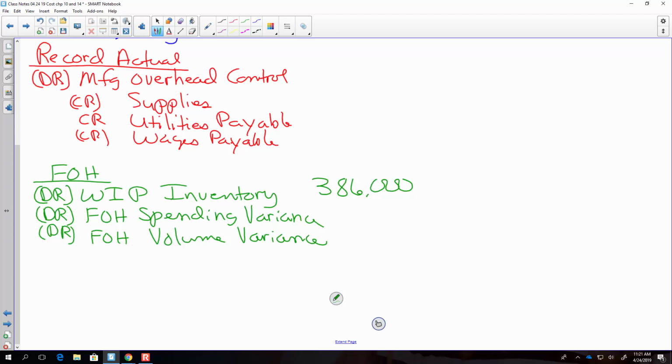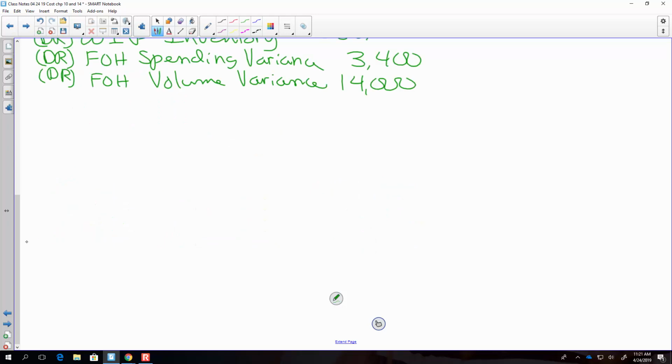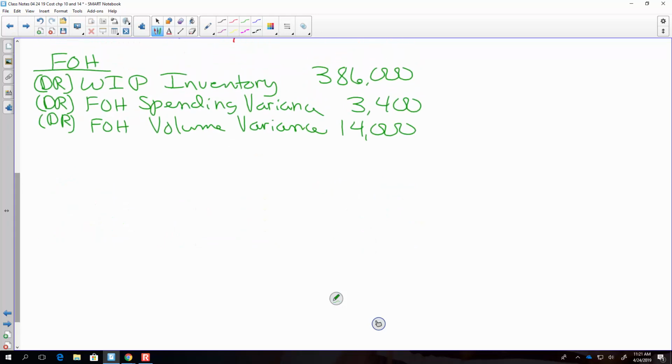Forgot what was the amount? 3,400 and 14,000? Yeah. Push it up here, guys. And I'm going to credit, again, the manufacturing overhead control for the actual amount, 403,400.